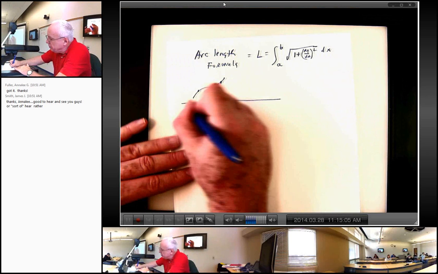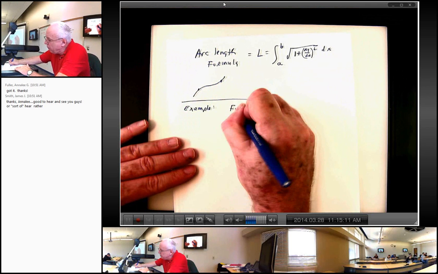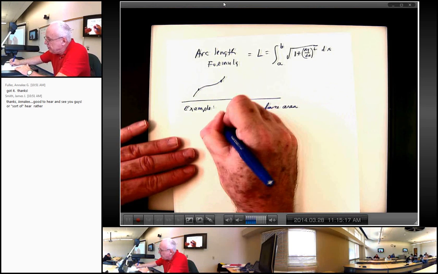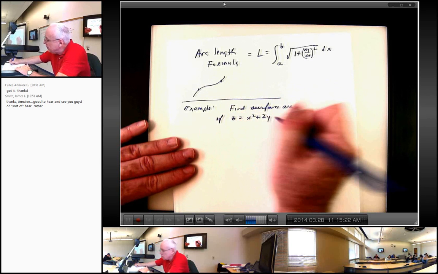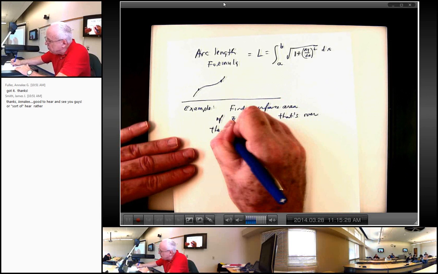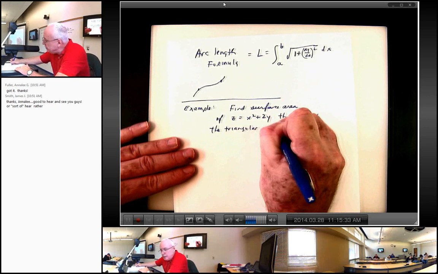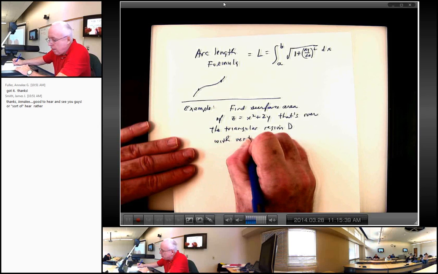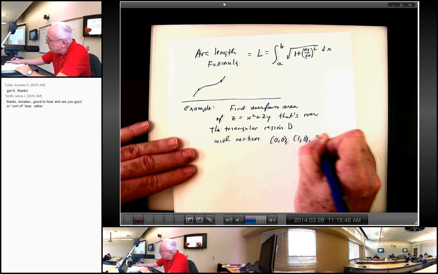Example 1: Find the surface area of z equals x squared plus 2y, over the triangular region D with vertices (0, 0), (1, 0), and (1, 1).